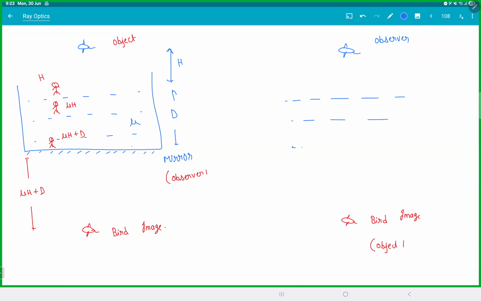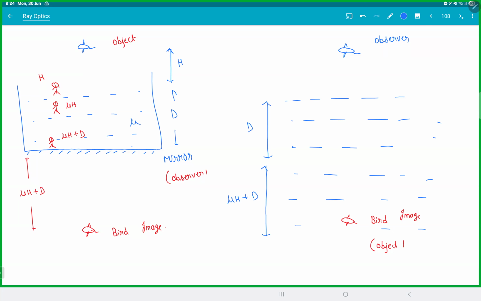The bird will think the bird's image is inside the water. And what is this total water depth? This is d. And mu h plus d. Make sense? The bird will think the swimming pool's depth is this much.